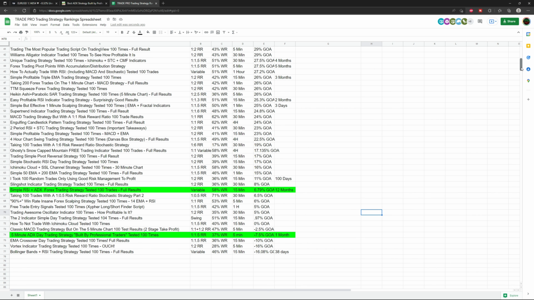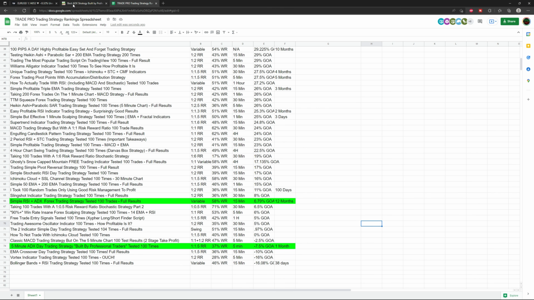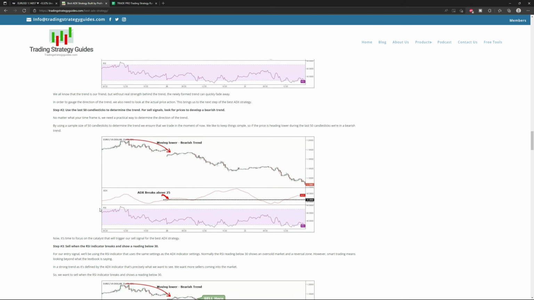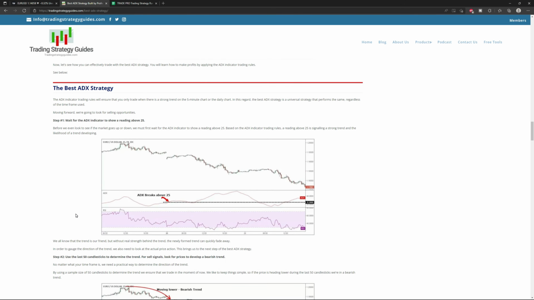Kind of interesting that they're claiming that these strategies are built by professional traders, that they are the best ADX strategies, and they also claim that they will work on all things: Forex, stock market, commodities, cryptocurrencies. They claim that they are completely versatile and will work profitably across multiple markets, which is quite the claim.